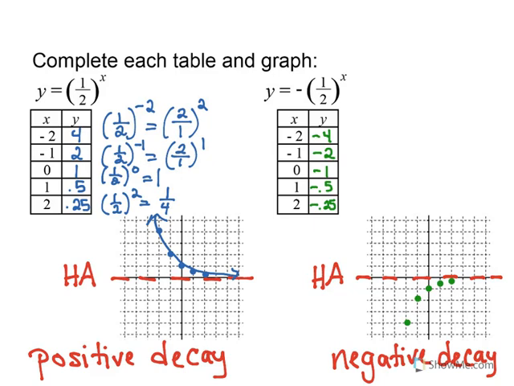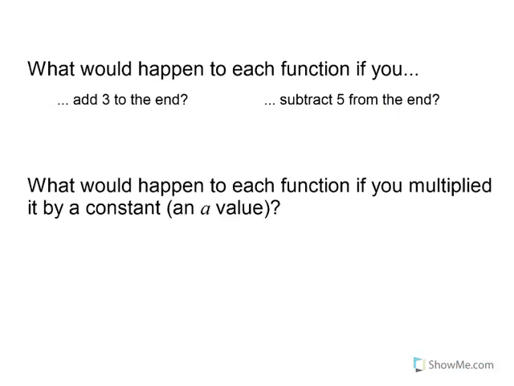Okay, so the follow-up question is, well, what would happen if we had things being added or subtracted after? So what if I put a +3 here? Or what if I did a -5? What would that do? Okay, so that's what we're going to talk about next. All right, and if you think back to shifts, if we were to add 3 to the end, that means all of the y values in our table, we would be adding 3 to them.